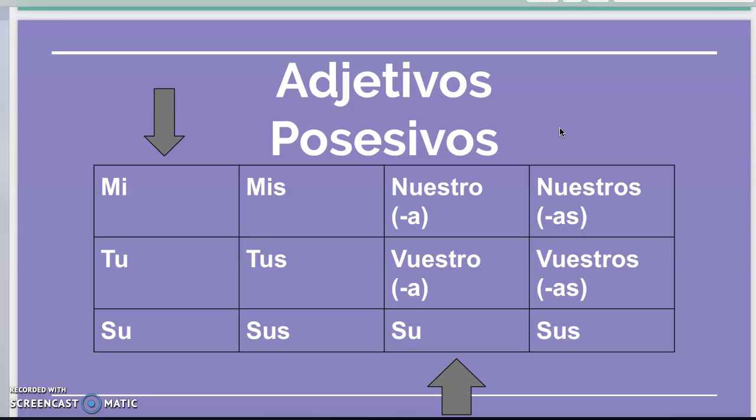So let's go in order. My, your, Y-O-U-R, his, H-I-S, or her, H-E-R, and then we're in the we form in English, and the we form possessive adjective is our, O-U-R, and then the they form in English possessive adjective is their, T-H-E-I-R. And that is it.